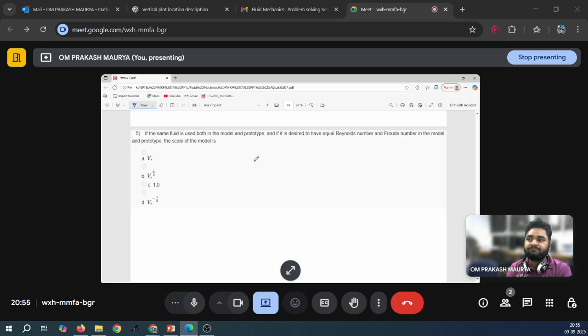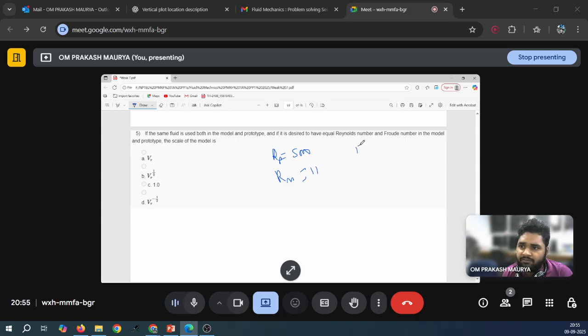Remember, please, if it is desired to have equal Reynolds number and Froude number, it means if your prototype has Reynolds number 5000, then your model also has the same value 5000.